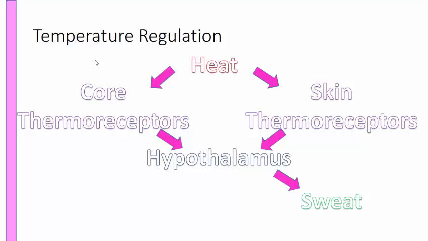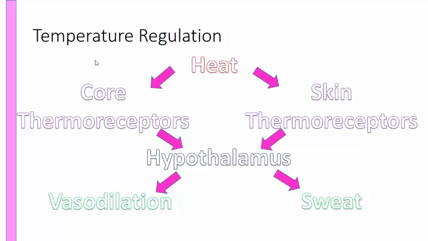If we're sweating more, then we're going to be increasing our evaporative heat loss process. The hypothalamus is also going to send a signal to vasodilate our blood vessels feeding our skin.